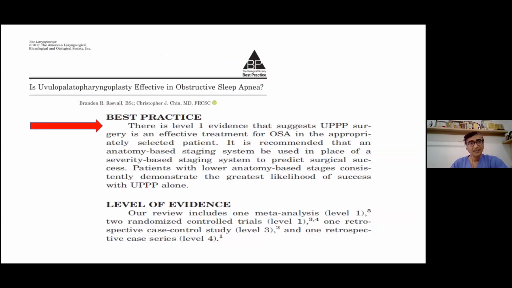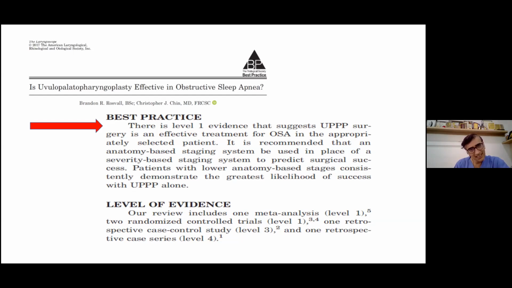However, there is a very nice paper, published in the Laryngoscope as best practice, which clearly shows level 1 evidence that if you select your patients properly, UPPP can have a success rate of about 80%. So this is not a surgery that you have to just fold up and throw out of the window.